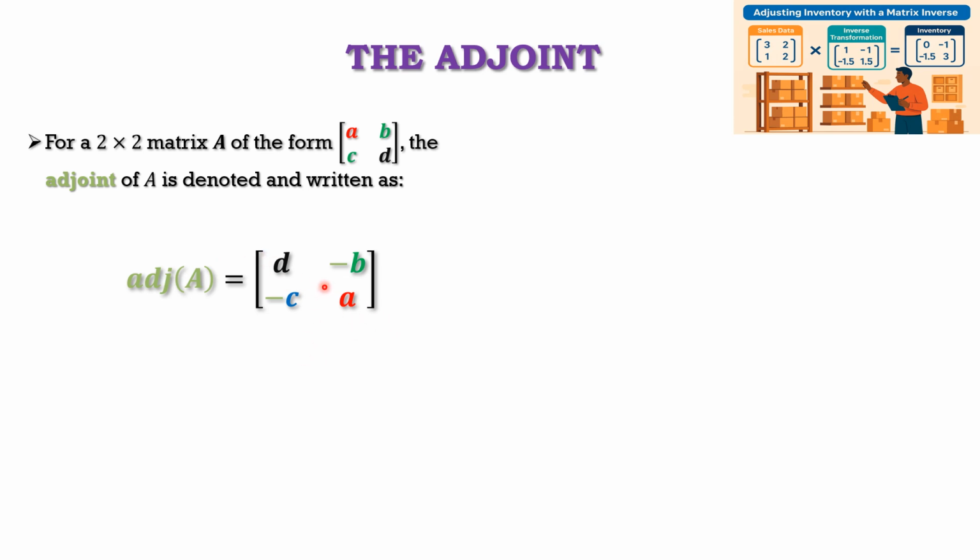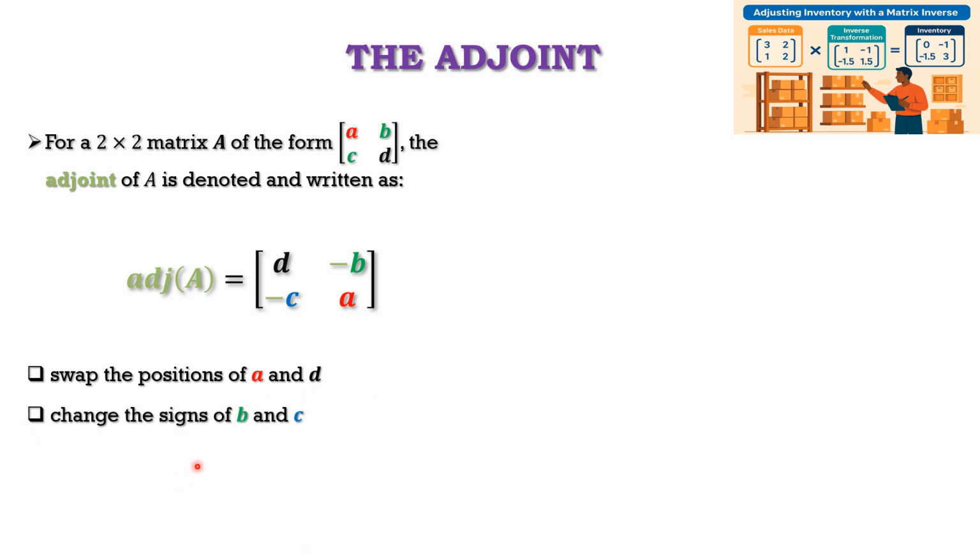Then we add negative to the next diagonal, which is B and C. So if I want to find the adjoint, I'll write the adjoint ADJ of A, then swap the position of A and D. Then I'll change the sign by adding negative to the B and C. So that is how we denote and write adjoint of 2 by 2 matrix.